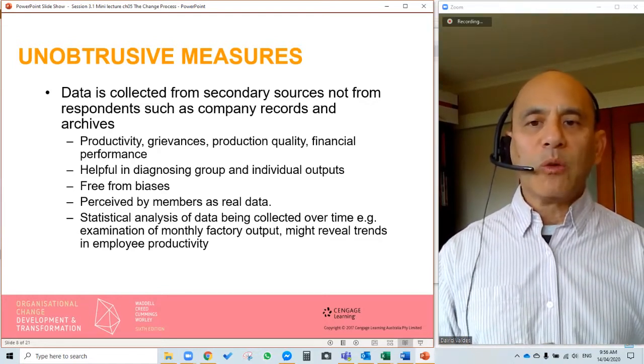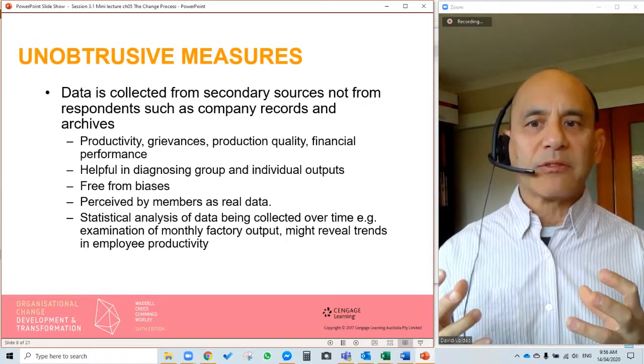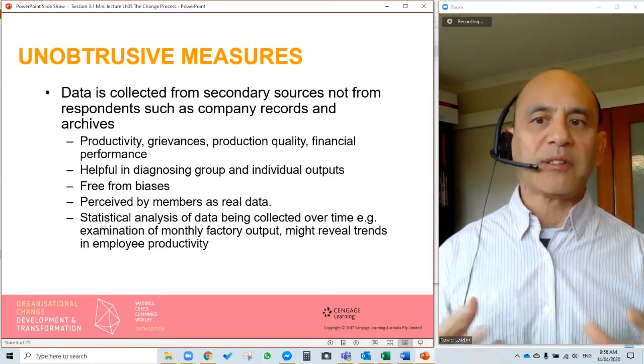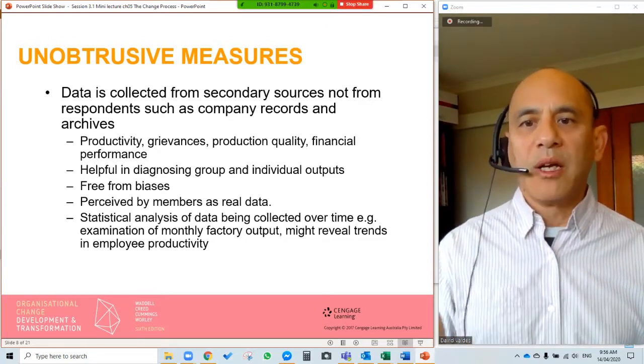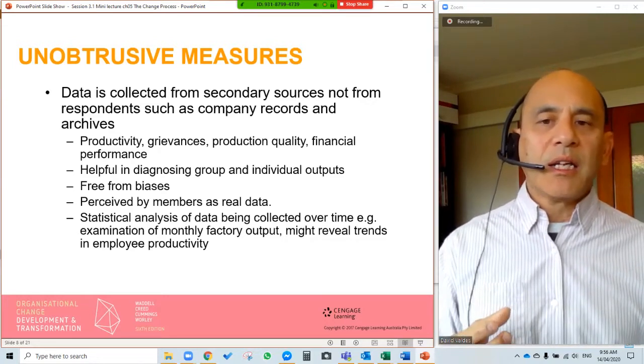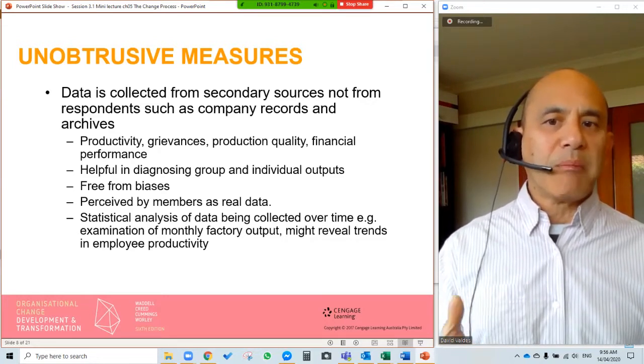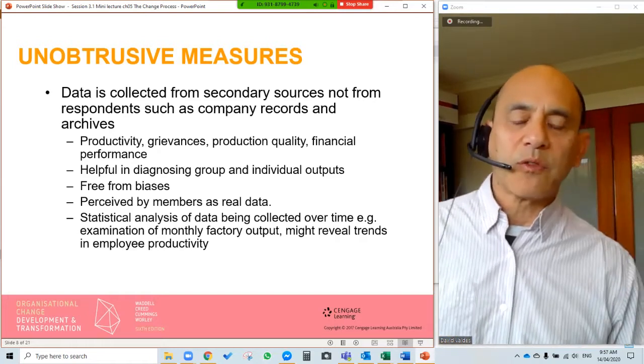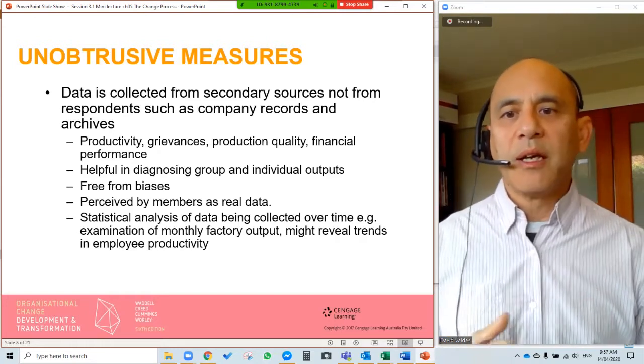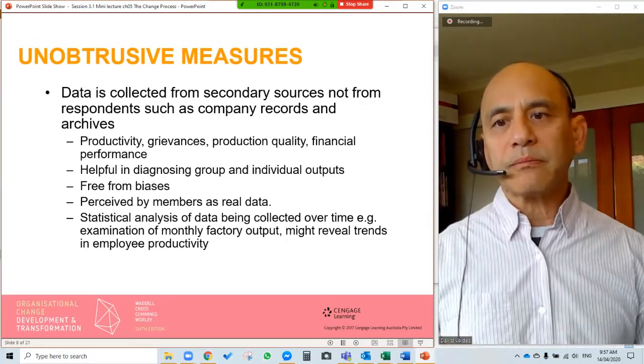And when we use data from the operations or statistical data, like for example, sales reports, usually that's more accepted by the members because they think of that as not a subjective piece of information, but more objective and therefore it's real.